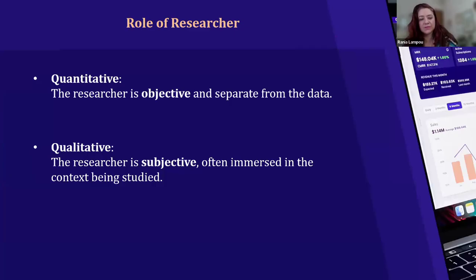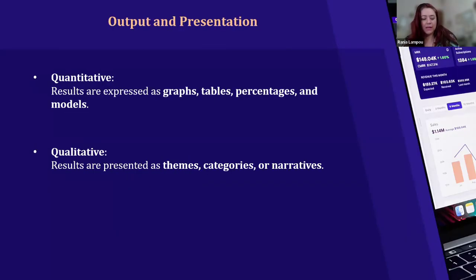The role of the researcher in quantitative research is objective, separate from the data, and the qualitative researcher is subjective and often immersed in the content. In terms of output and presentation, quantitative research results are expressed as graphs, tables, and percentages. The qualitative results are presented as themes, categories, or narratives.